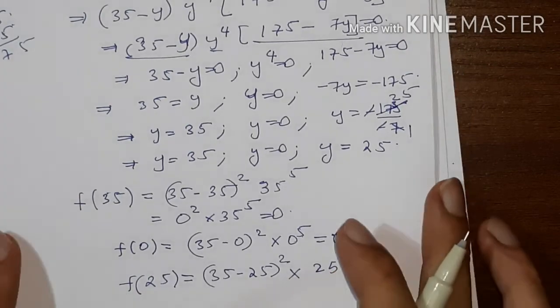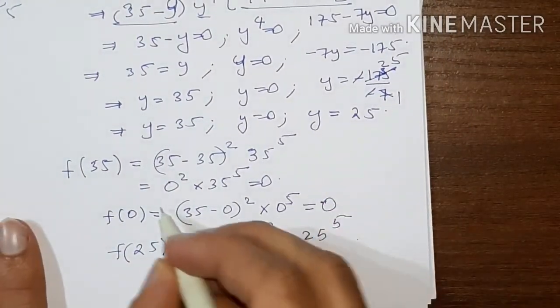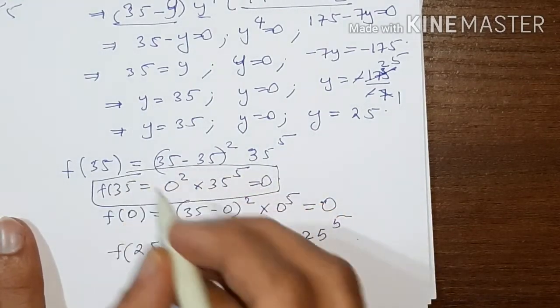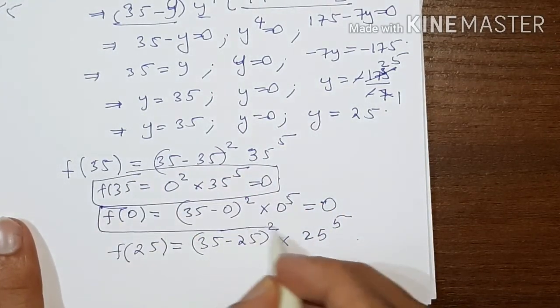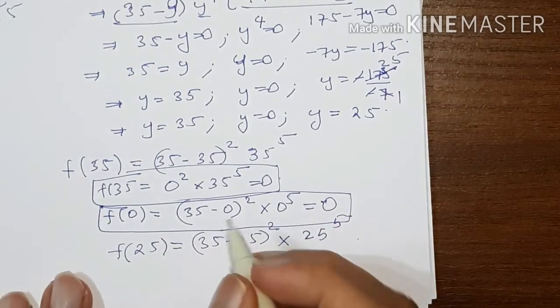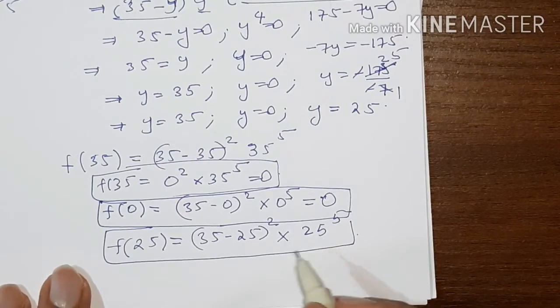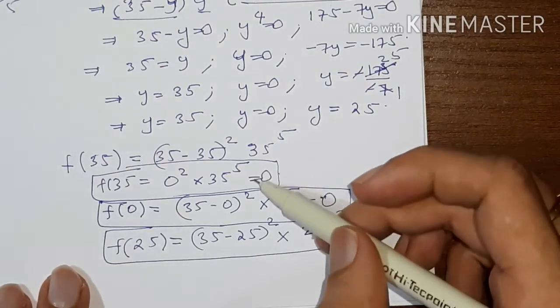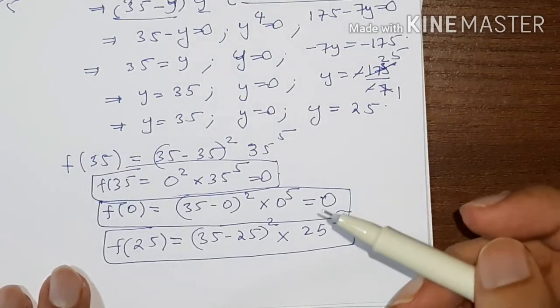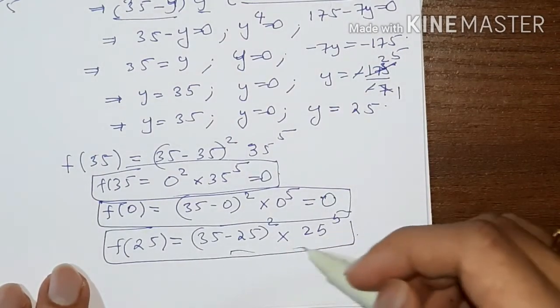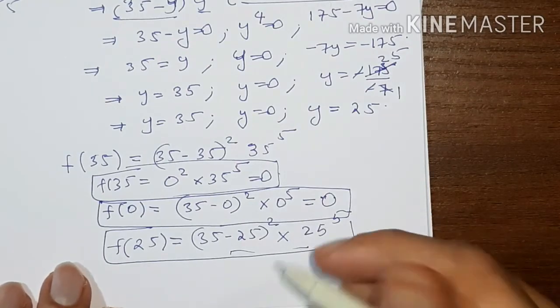So you can see f of 35 is 0, then again f of 0 is 0, right? The only value you are getting non-zero is this, and you can see this is very, very big. Even if it is big, the only value which is non-zero, positive, greater than 0, is this only, no other values, right?